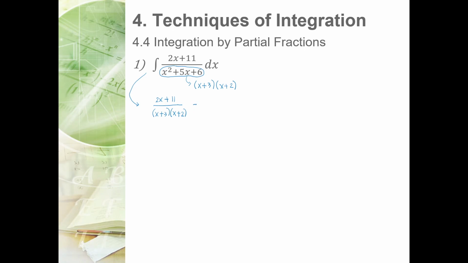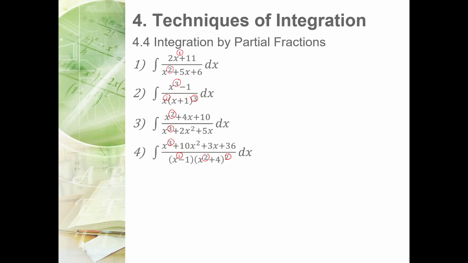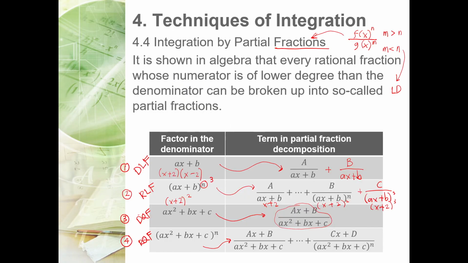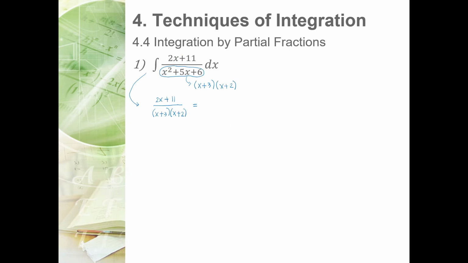So as per rule, again we need to decompose the fractions into their partial components. The formula is a over ax plus b, meaning you have to follow what the given distinct factor is. So that would be A over x plus 3.